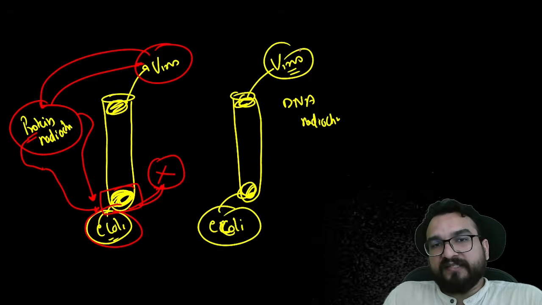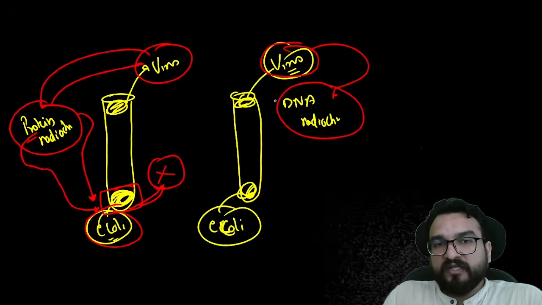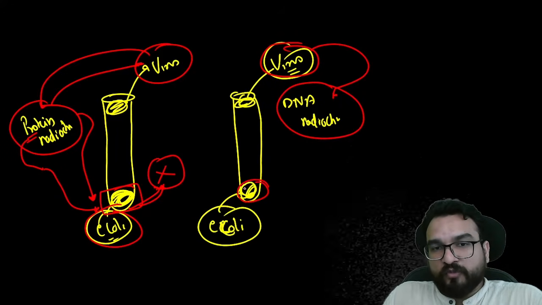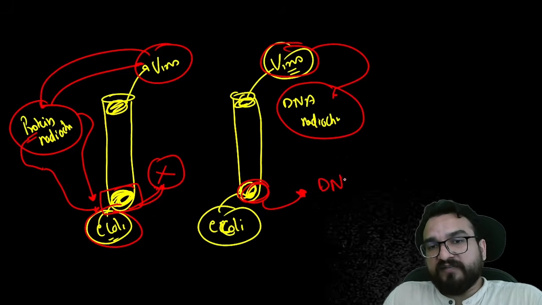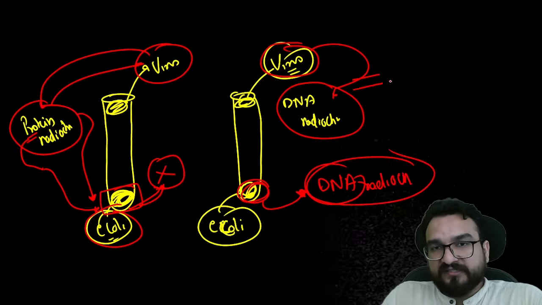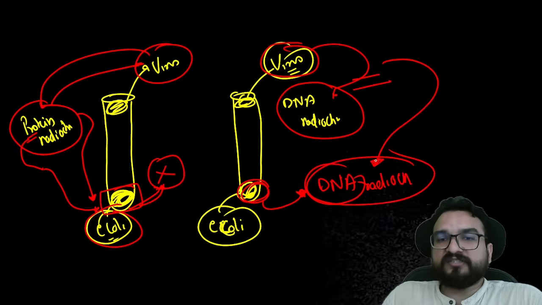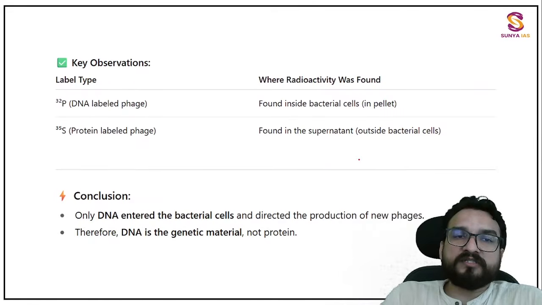Whereas the virus which had radioactive DNA, you will find that it has made a colony in E. coli, where you will find bacteriophages which also have radioactive DNA. That means DNA is the material which transfers genetic material. That is what we have known from this experiment.